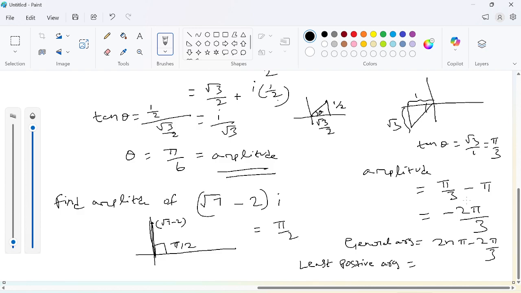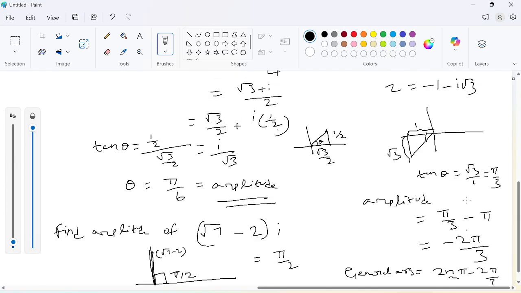Generally it should be between 0 less than theta less than or equal to 2 pi. If you put n equal to 1, then you'll get the least positive. That means 2 pi minus 2 pi by 3, which is 4 pi by 3. This is your least positive argument.